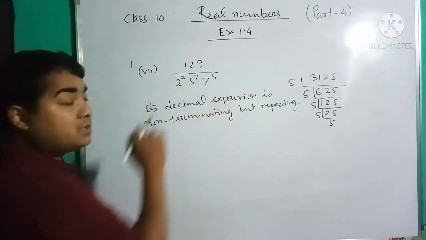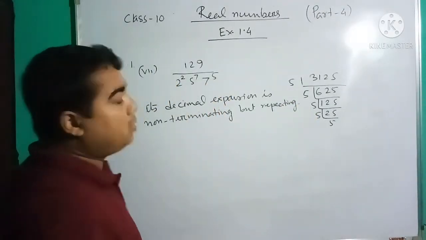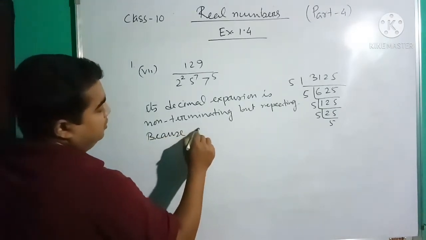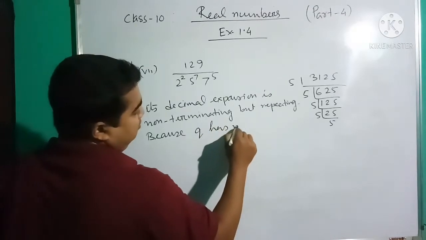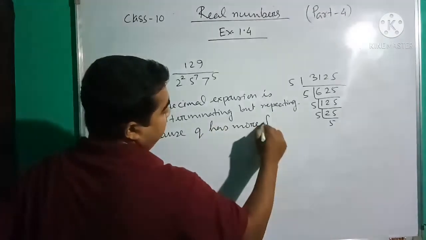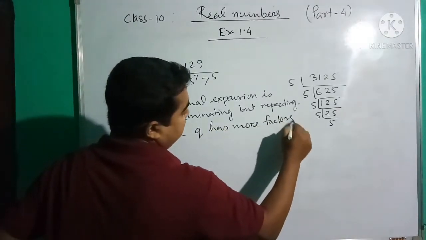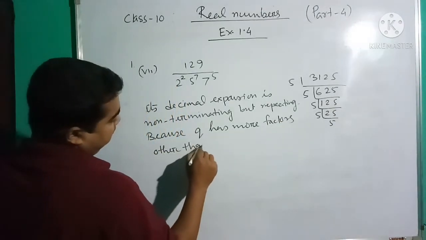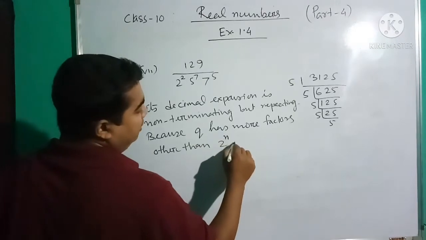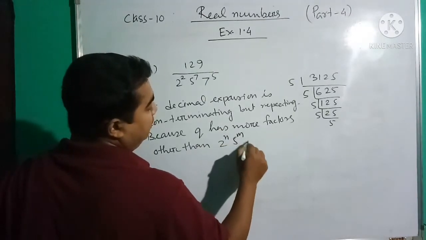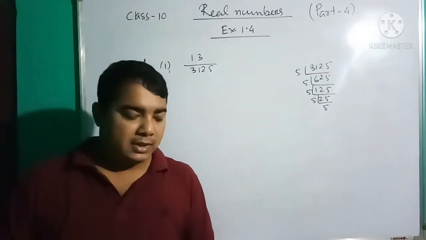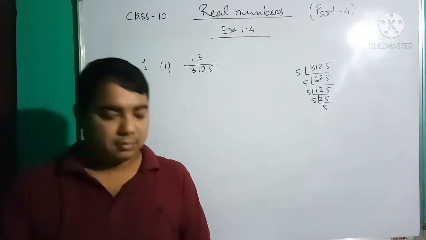Because q has more factors other than 2 to the power n into 5 to the power m. Clear? Similarly, you can solve the rest of the problems.